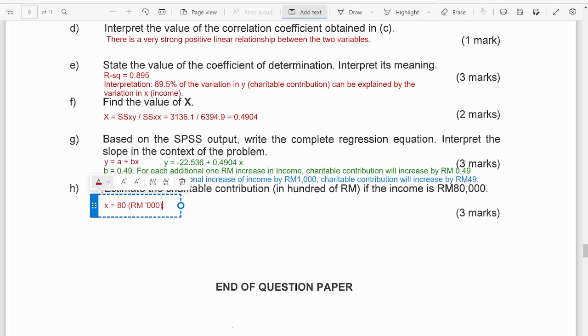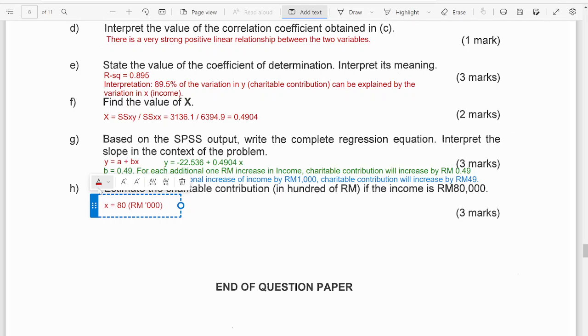Okay, so the amount that you need to replace is 80, not 80,000. Do not substitute 80,000 in the equation because 80,000 is the actual data. However, in this calculation, we use the simplified form of data where 80,000 is being replaced with 80 only.